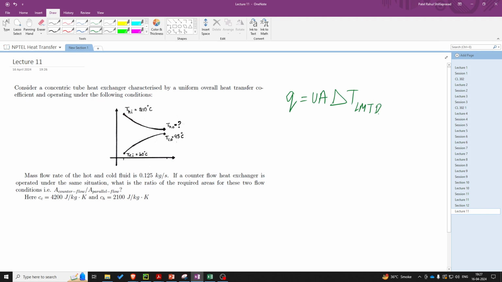Now, in this given question, we have been given that the counter flow as well as the co-current flow are operated under similar conditions. So if they are operated under similar conditions, we can say that the overall heat transfer coefficient U as well as the heat transfer rate will be similar.